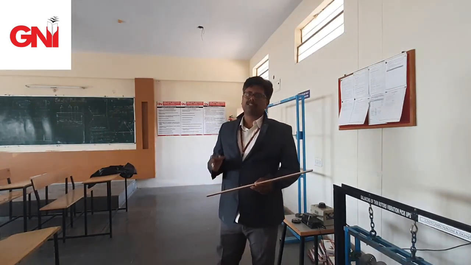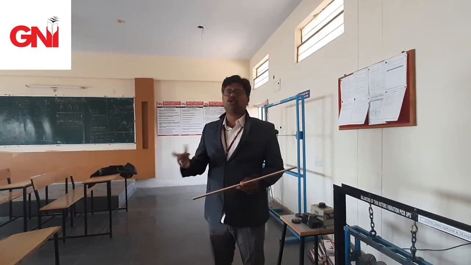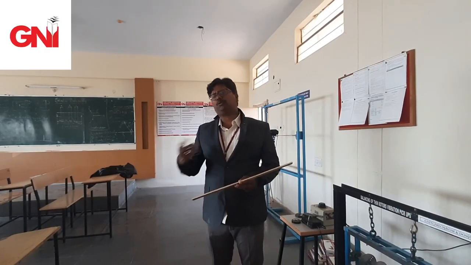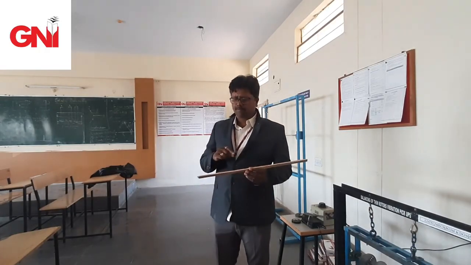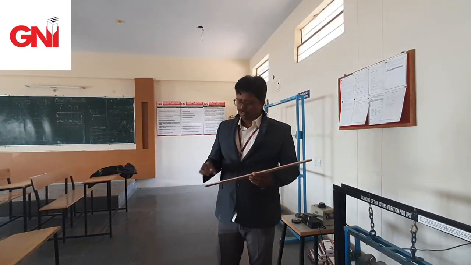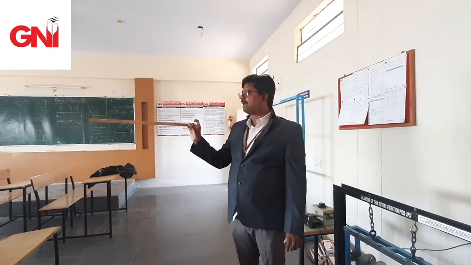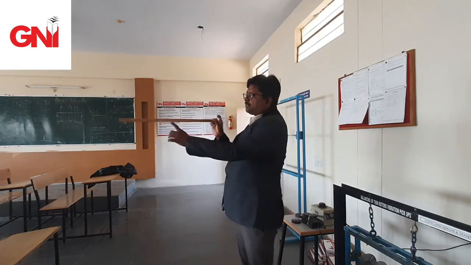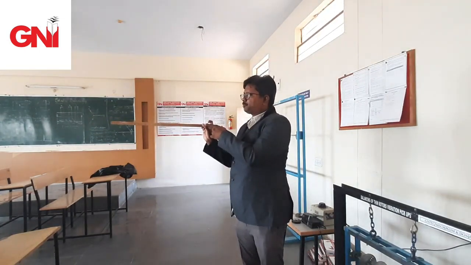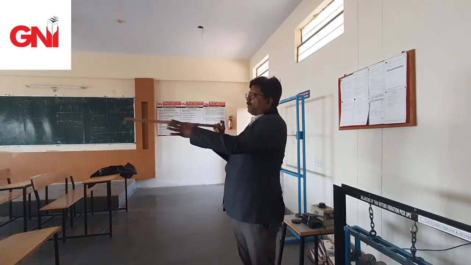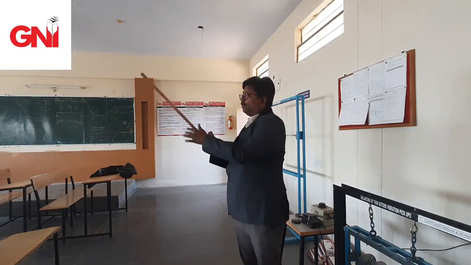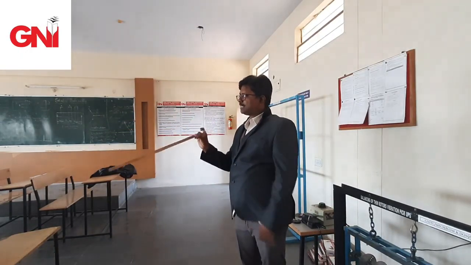Distance is proportional to turning moment, or bending moment. So here turning moment is the criterion. When I keep the stick in horizontal mode, the center of gravity of the stick lies here and my finger's position is here. The perpendicular distance is more compared to this position as well as this position.